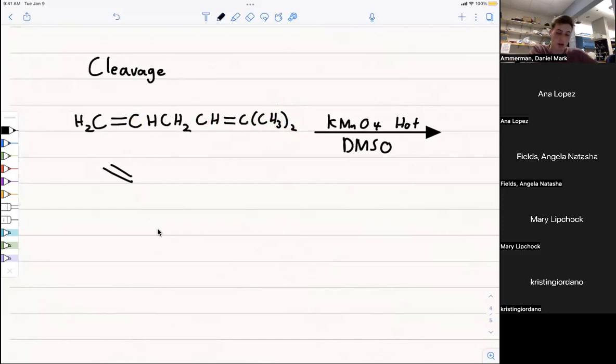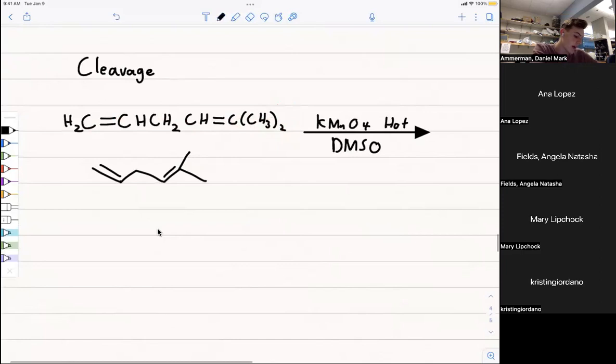The longest chain is 6. And then I know here is going to be an isopropyl group, so we'll add that on. And then I also know right before that, I also had a second double bond. So that's my actual structure.